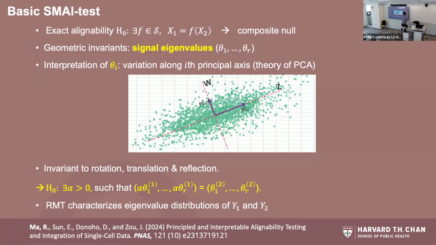It turns out to be the eigenvalues of the signal matrix. So let's recall what we know about the theory of principal component analysis, where the leading eigenvalues of the X matrix have the interpretation of being the variation of the data across certain principal directions.